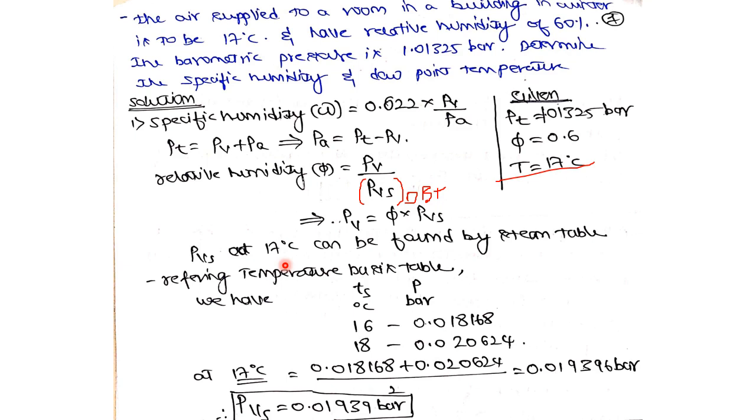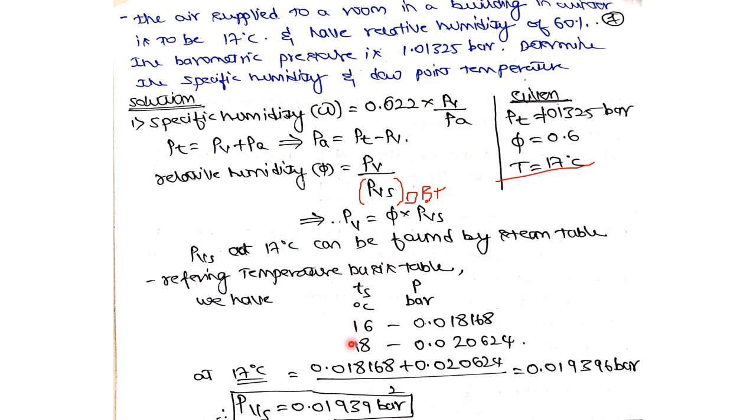At 17 degrees Celsius, if you look into the steam table, you have the value for 16 degrees Celsius as 0.018168, and for 18 degrees Celsius as 0.026624. But you don't have the value for 17 degrees Celsius. So at best, 17 is the mean of 16 and 18.